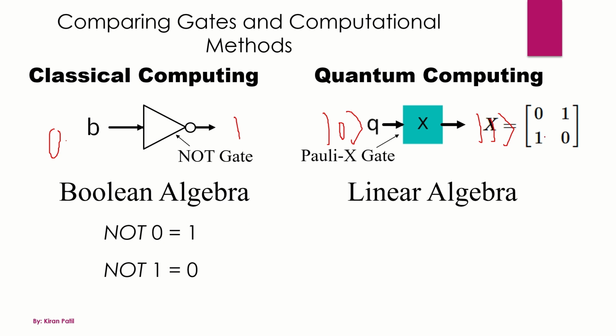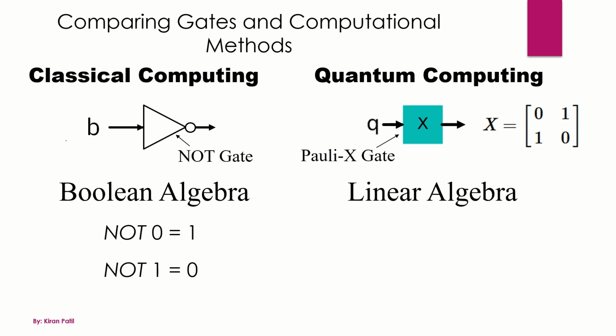Now how does this linear algebra work? Here you can see the matrix representation of the quantum gate, that is the Pauli X gate. So you can see it is represented in a matrix form.